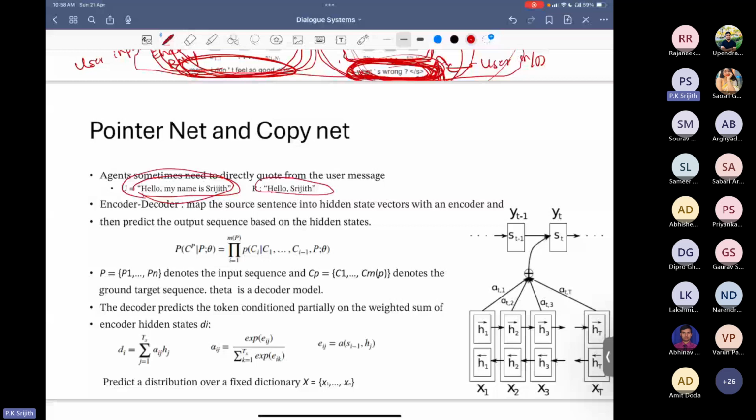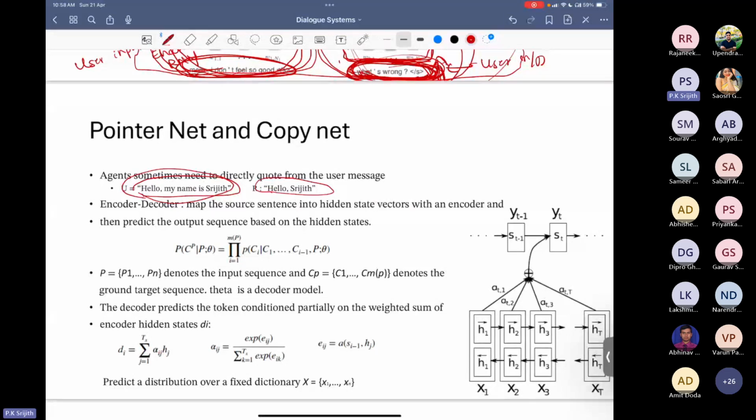If one uses the standard encoder decoder methods, it might need to just copy what is there in the input as the output. And many times it fails to do this copying of the input to output.